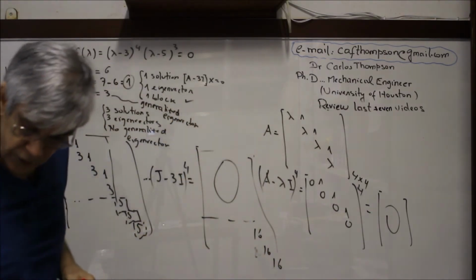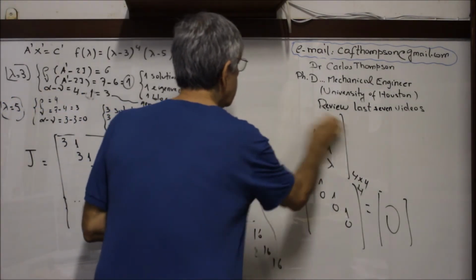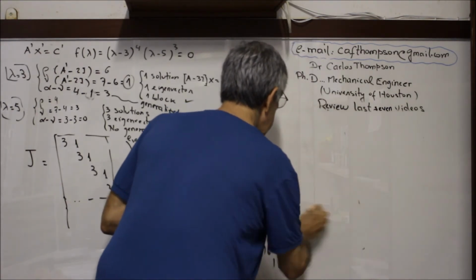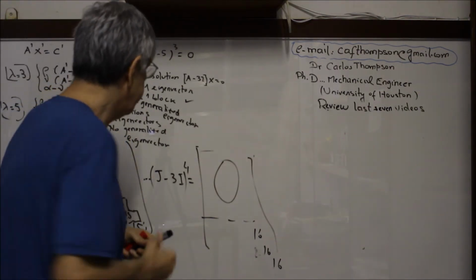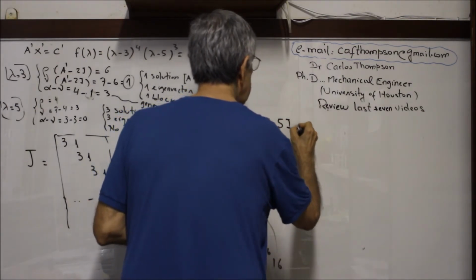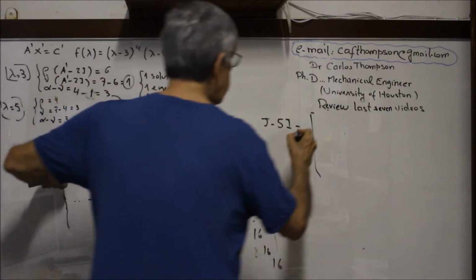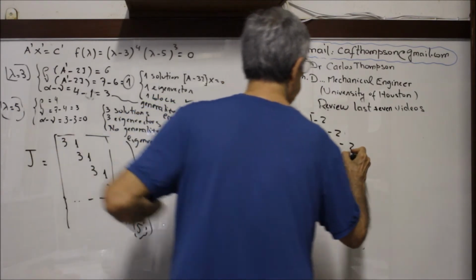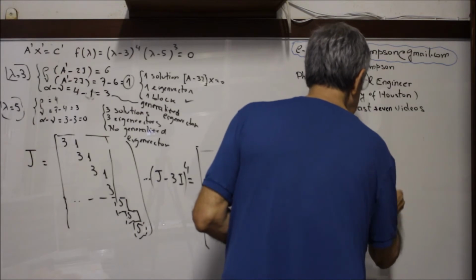Now, as exactly what we did before, J minus 5I is equal, look, this will be 3 minus 5, minus 2, minus 2, minus 2, minus 2. Here will be 0, 0, and 0.